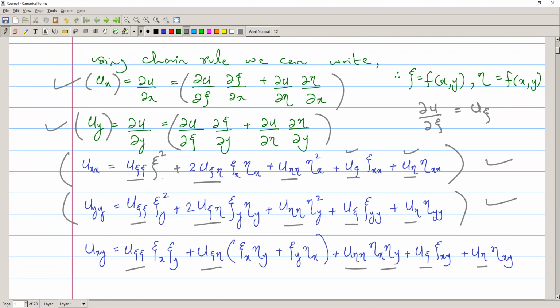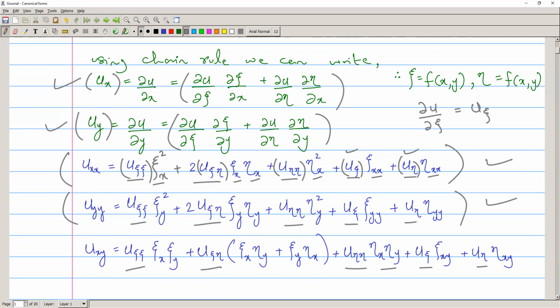So it's psi x squared. We are putting the values of these functions in the equations, and these will remain as they are.